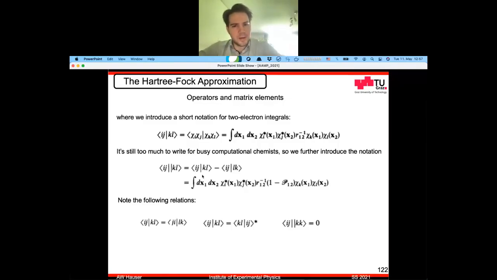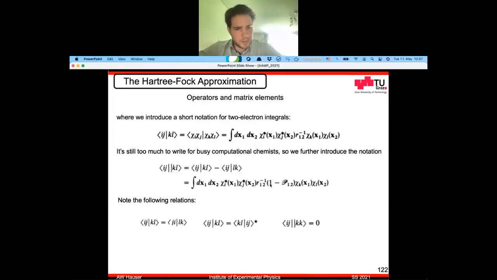Okay, right. One way of writing this in the integral notation is also introducing the permutation operator, because I can say this combination, ij|kl minus ij|lk, is the same thing as saying: now I take ij|kl, the correct order that corresponds to this type of integral, with the operator 1 over R12 in the middle.